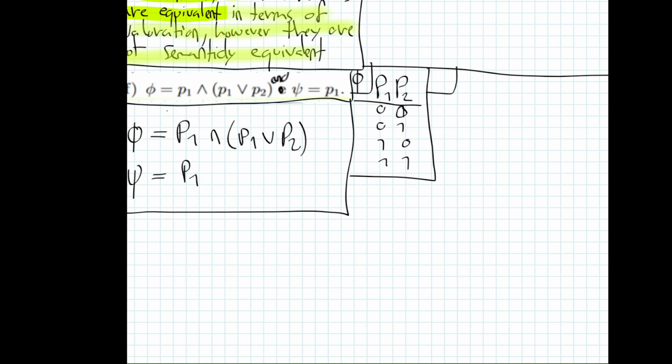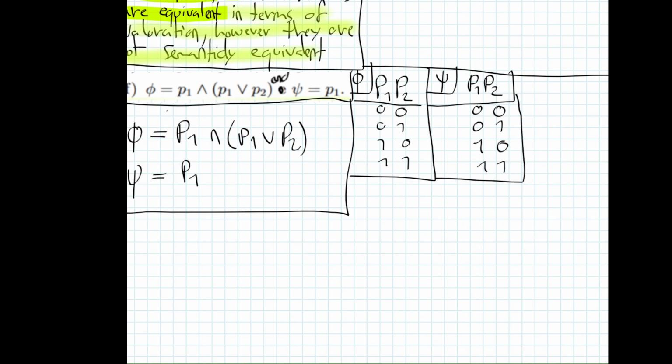If we were to define one for psi, we could also do both variables, which is funny, because P2 does not appear at any time in one of them. So in essence, it's the same table.